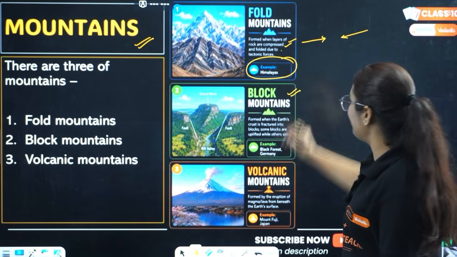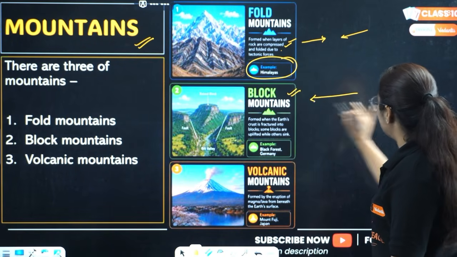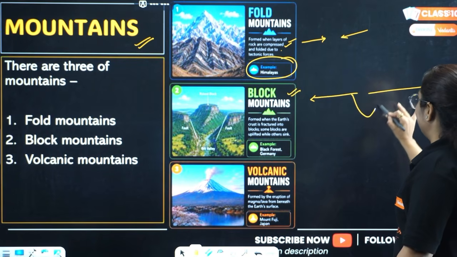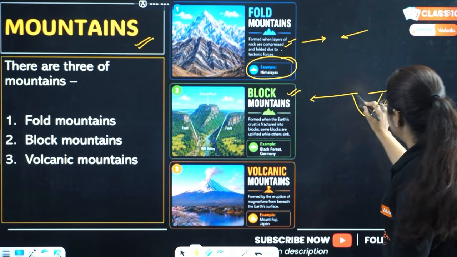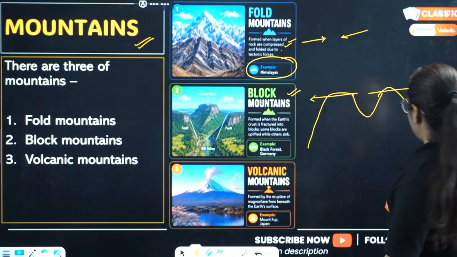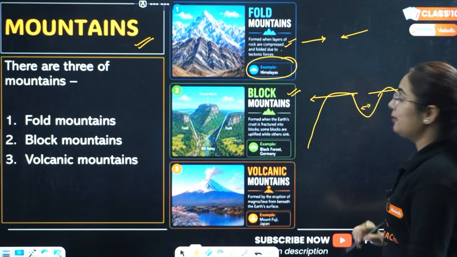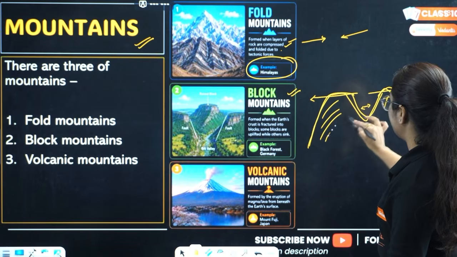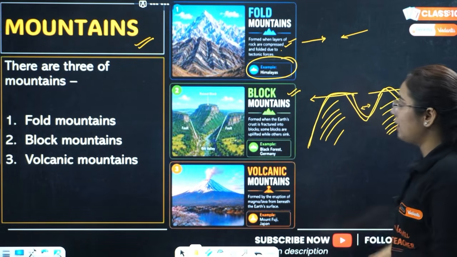Next one is block mountains. See, when two plates move away from each other, it creates a valley. These landform features become the mountains and this becomes the valley. This is known as block mountains.